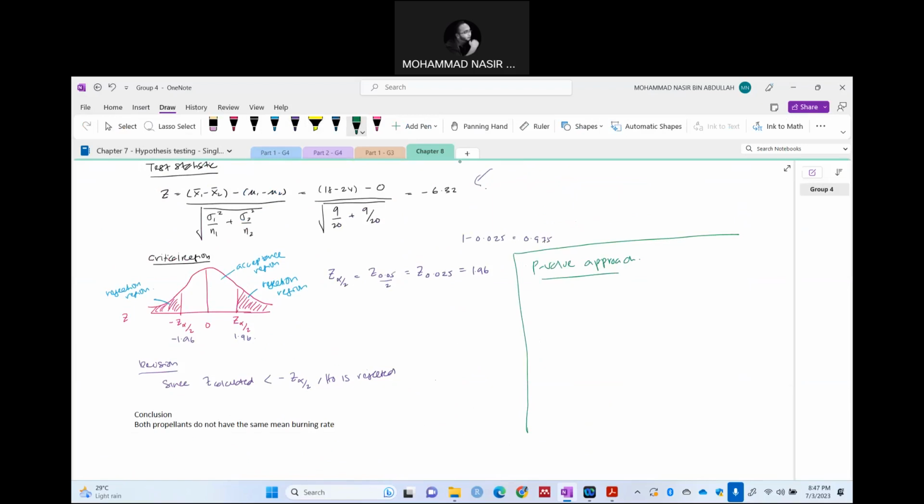So the p-value for a two-tailed test is 2 times 1 minus the probability of z less than the absolute z calculated. So it should be 2 times 1 minus probability of z less than 6.32.